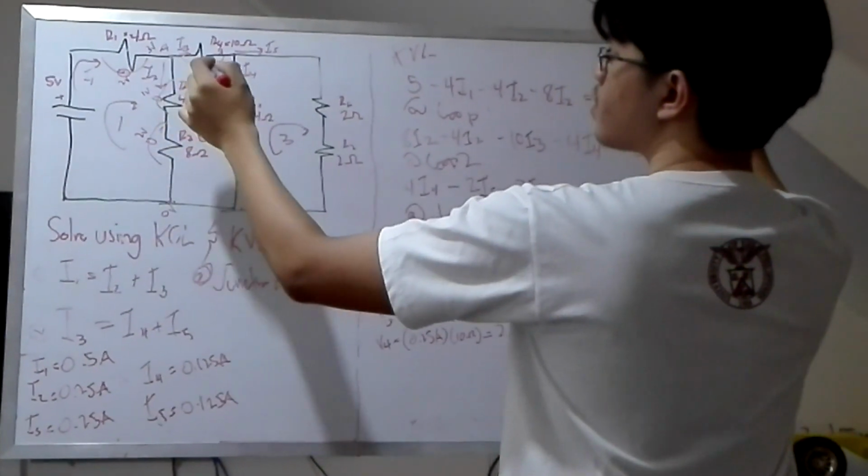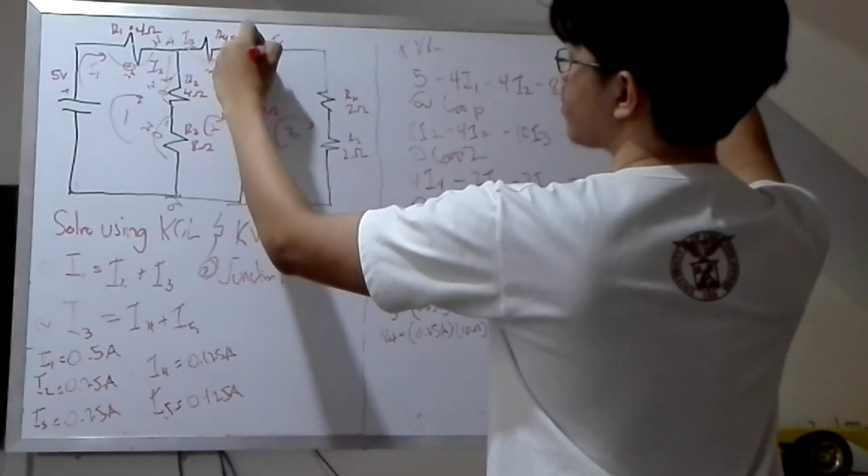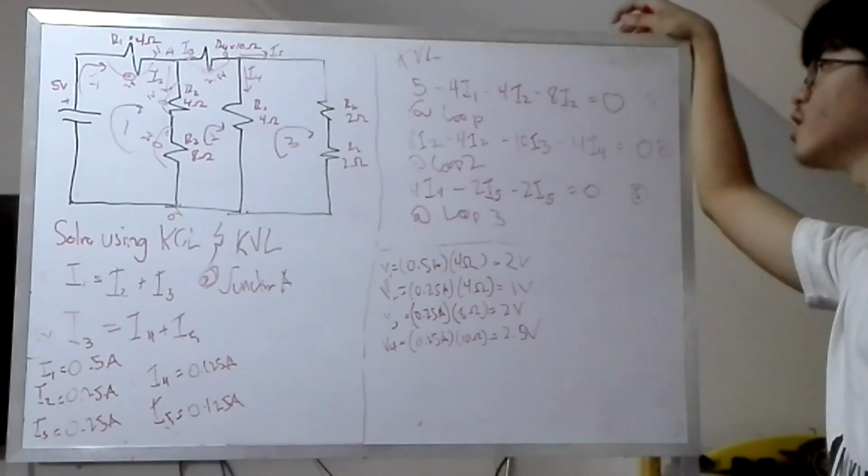From 5 volts to 3 volts to 2.5 volts, there's only 0.5 volts left in each parallel circuit.